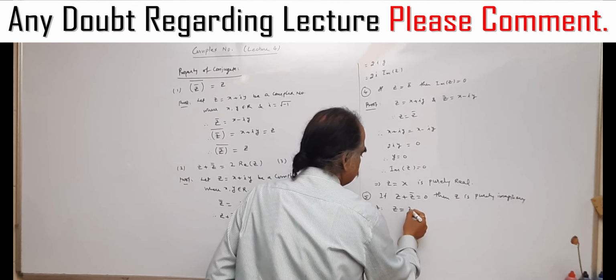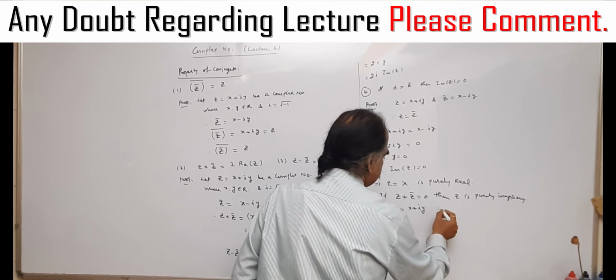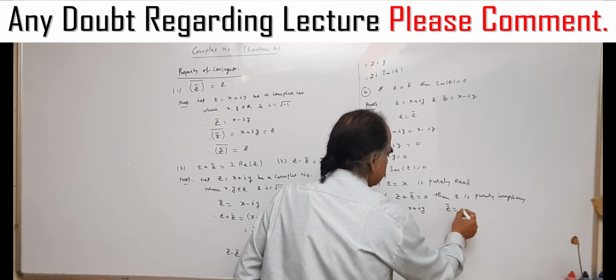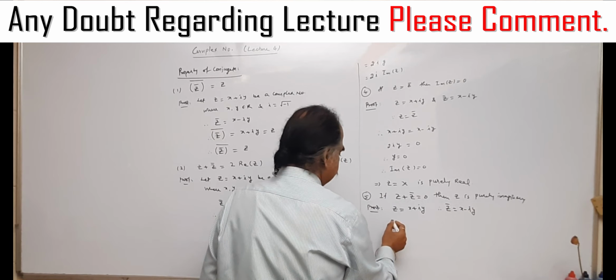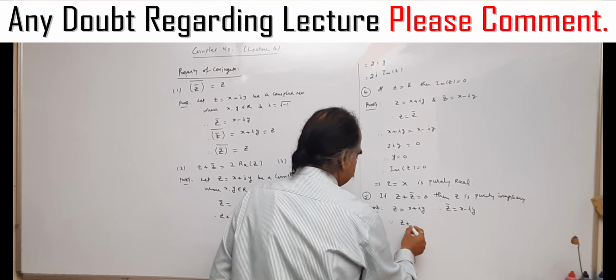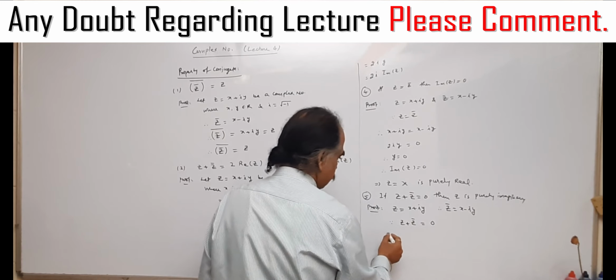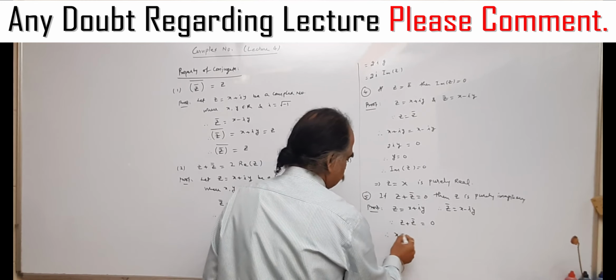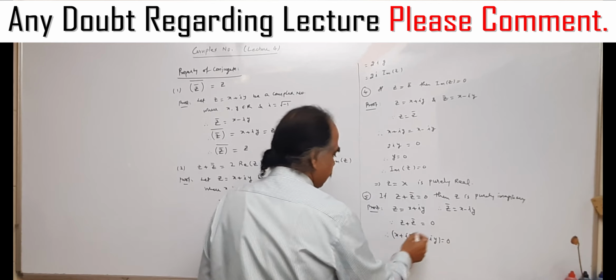z is x plus iy. Therefore, z conjugate will be x minus iy. Since z plus z conjugate is 0, x plus iy plus x minus iy is 0. iy will get cancelled.